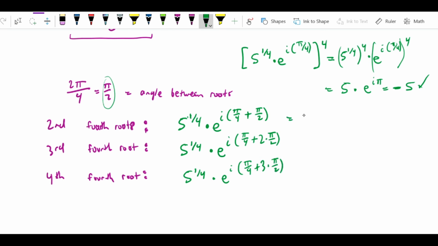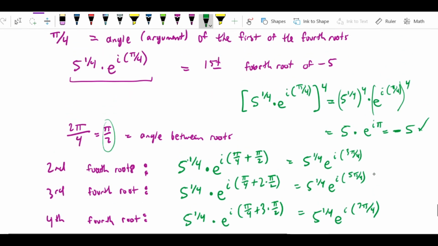So this is going to be 5 to the 1/4 e to the I 3 pi over 4, 5 to the 1/4 e to the I 5 pi over 4, and 5 to the 1/4 e to the I 7 pi over 4. And don't forget that we also had this first one here.